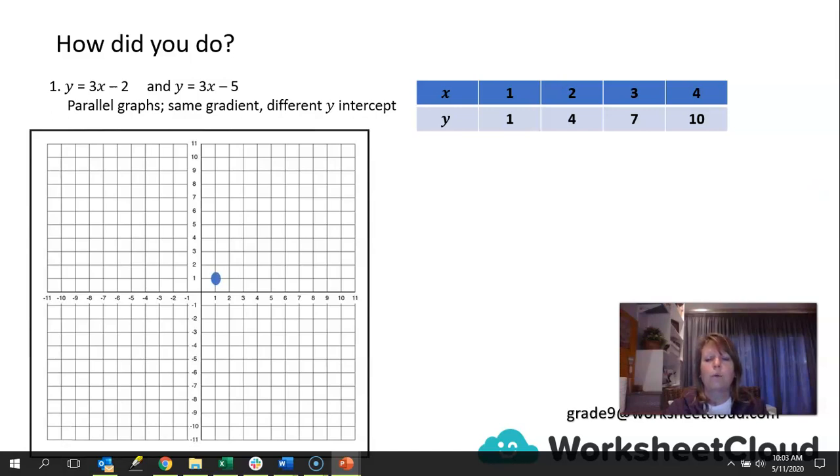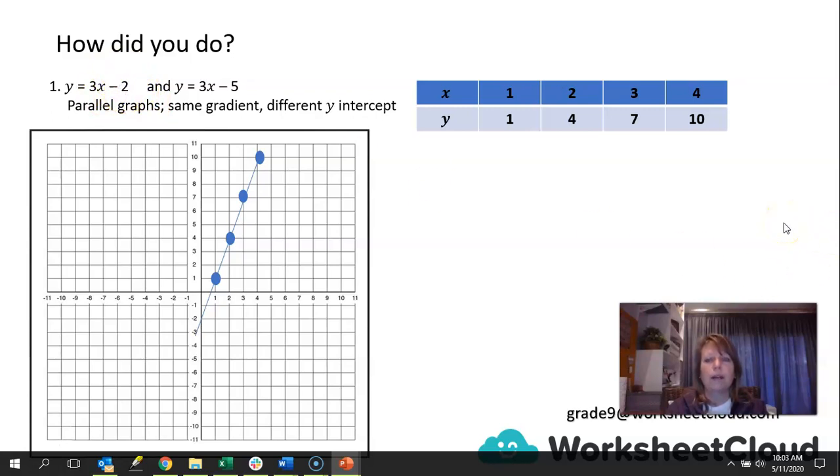There we go. 1 and 1, 2 and 4, 3 and 7, 4 and 10. Join them up, and you can see it will go through the y-intercept minus 2. So draw your graph so that it goes through the y-intercept. You can then check that your points are correct, if your y-intercept is correct.